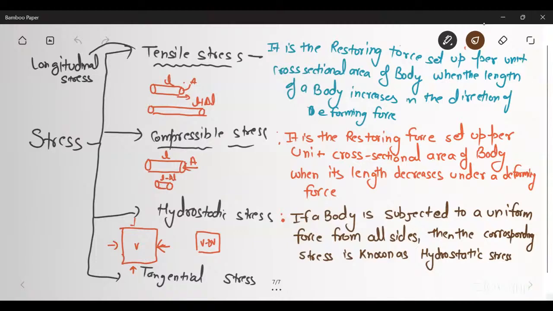Tangential stress. Fourth one is tangential stress. So what is tangential stress? Suppose this is the body which is fixed on a plane.